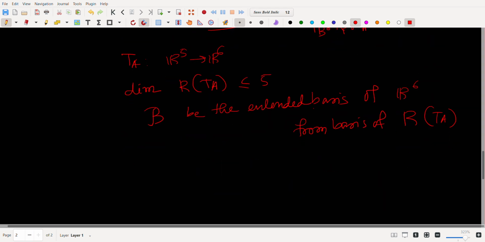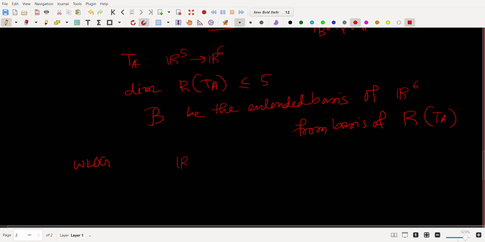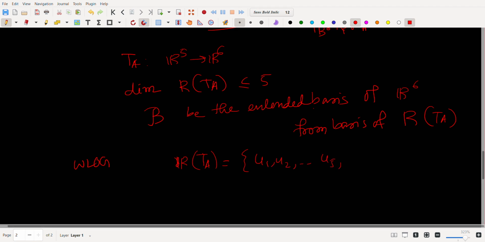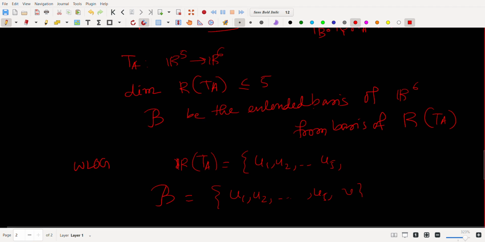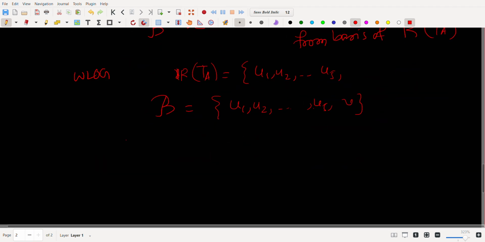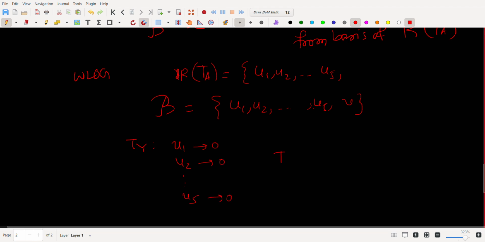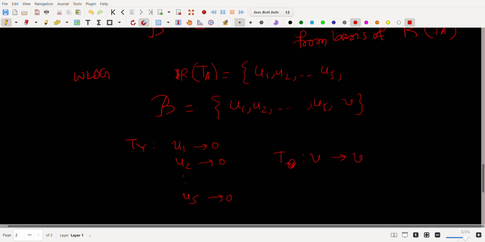Now again, without loss of generality, say the dimension is 5. So take the range of TA, given by u1, u2, up to u5, and the extended basis is u1 up to u5, and V. Then define TY as u1 goes to 0, u2 goes to 0, up to u5 goes to 0, and V maps to any non-zero vector.